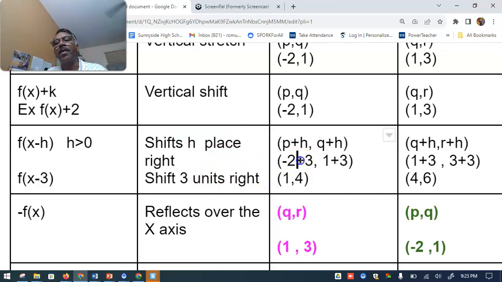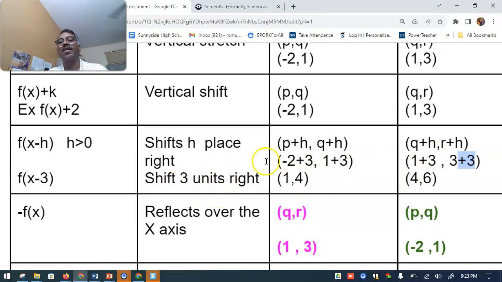And now you are adding +3 to whatever the class interval, that -2 to 1. So everywhere you are just adding 3, and you can clearly see -2 plus 3 is 1, 1 plus 3 is 4, and that's how you get it. So just adding 3 and you're done.